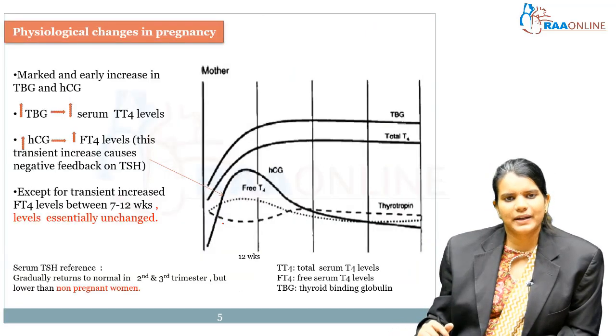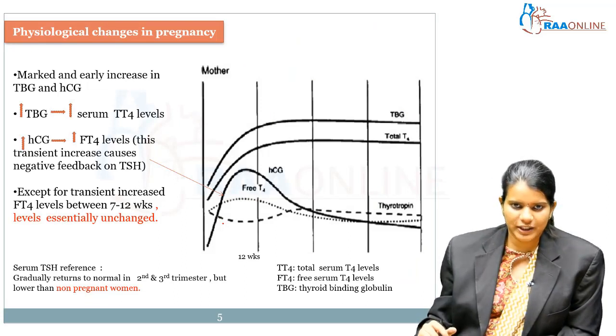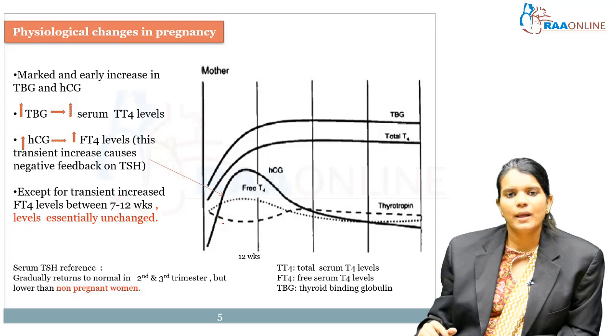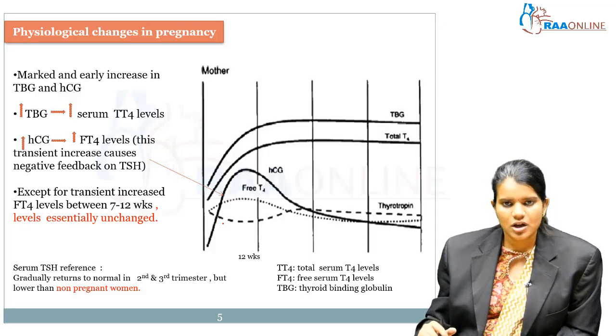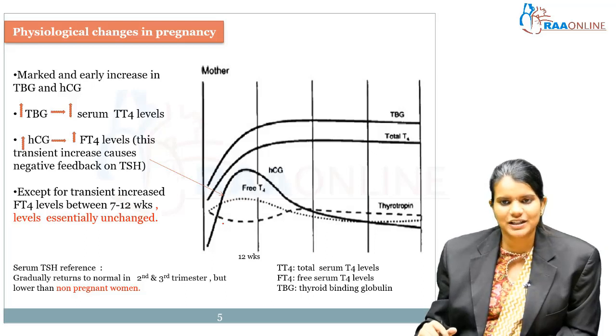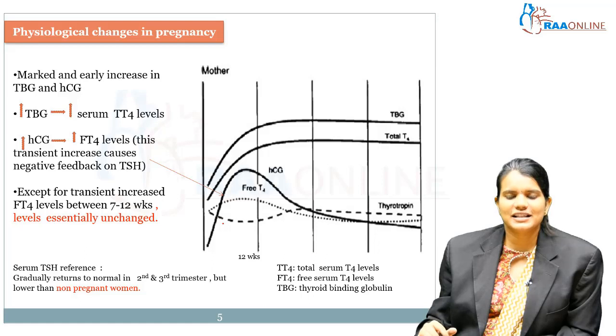So what happens in pregnancy is that there is an increase in the thyroid binding globulin. So there is an increase in the total T4 levels. That is not going to cause any harm. However, there is an increase in the HCG hormone, especially in the first trimester, peaking at 7 to 12 weeks.